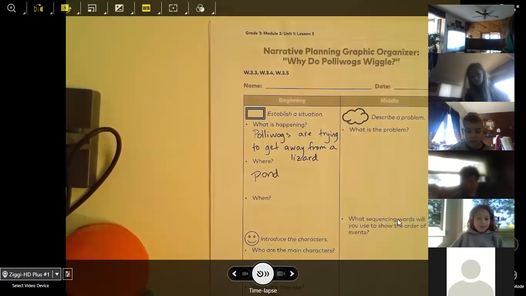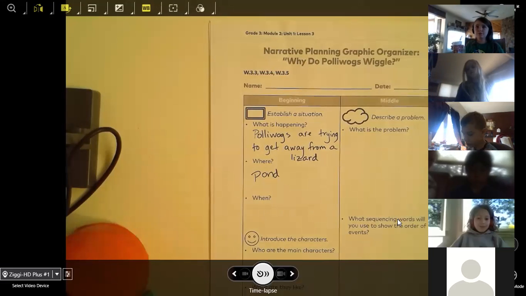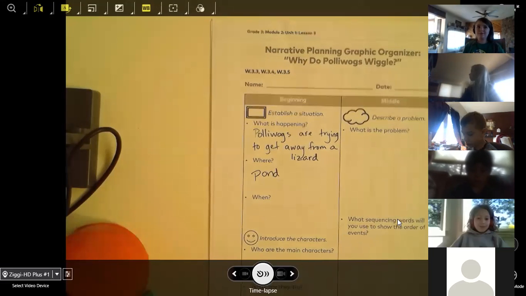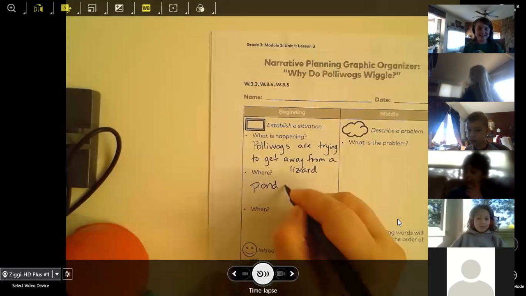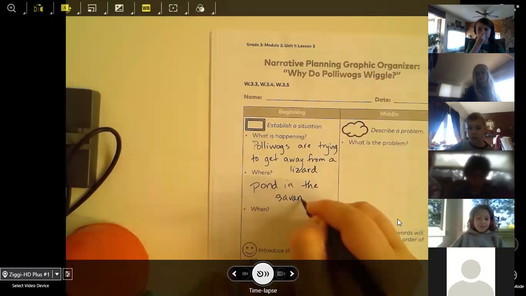It's a pond after a rainstorm. Because they do have ponds eventually. Savannah. Okay. We have a lot of lizards going on here.